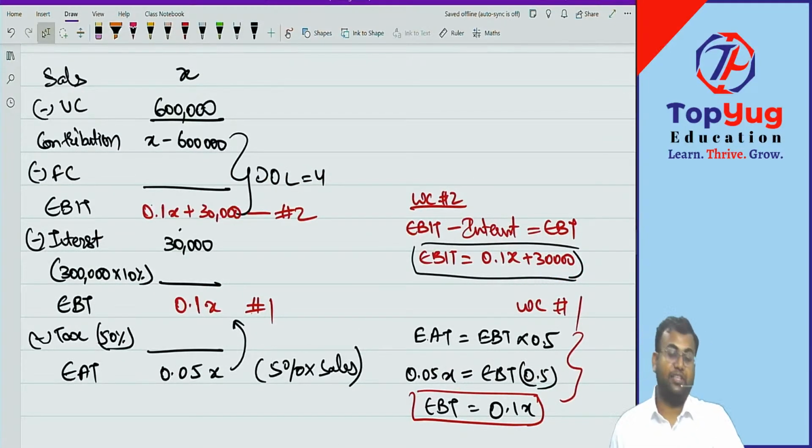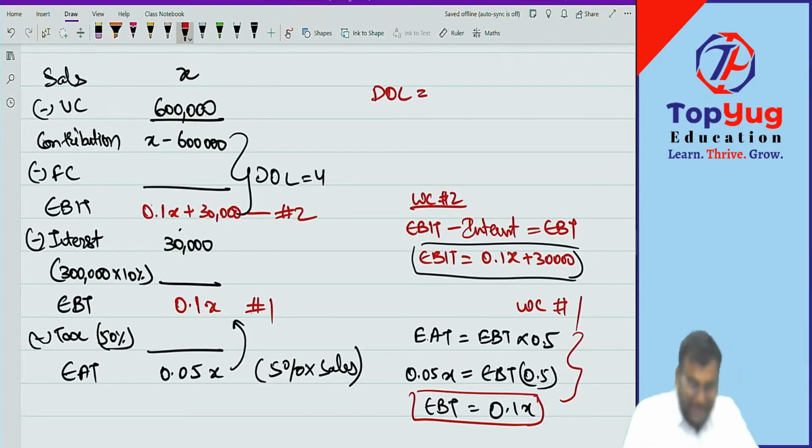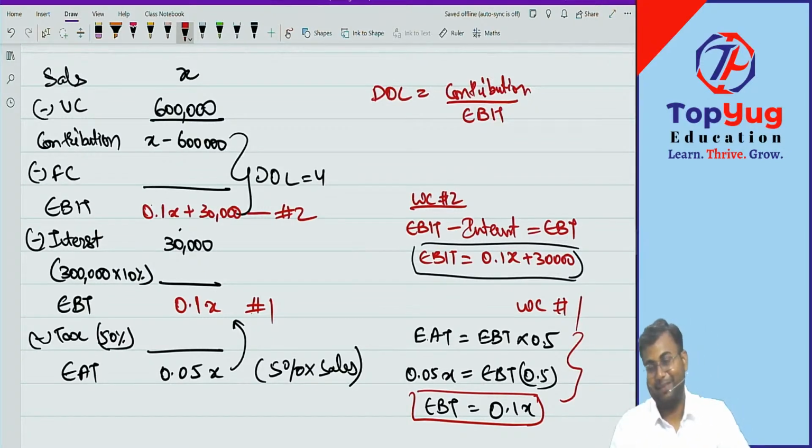Now Clash of Titans. Why Clash of Titans? DOL is equal to contribution by EBIT. I know all the three numbers. Contribution is X minus 6 lakhs. EBIT also we know, 0.1x plus 30,000. And DOL also we know, 4. So the only thing we don't know is X. If you solve it, we'll get X. X is nothing but sales.